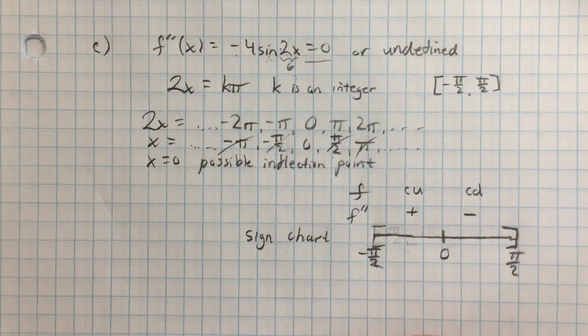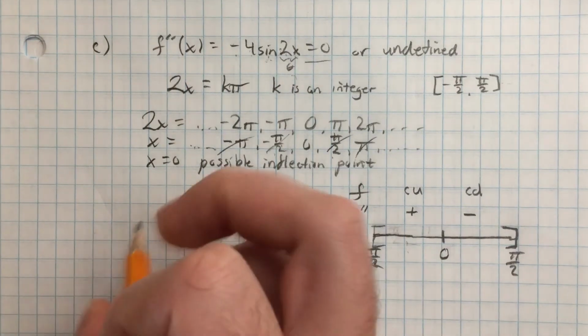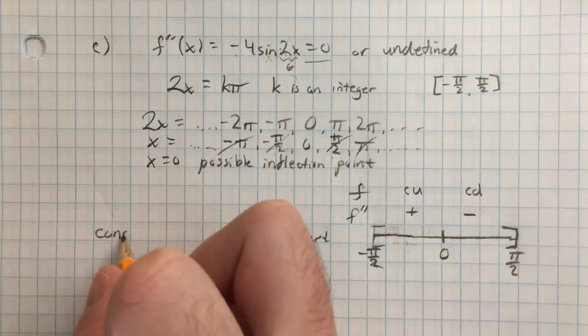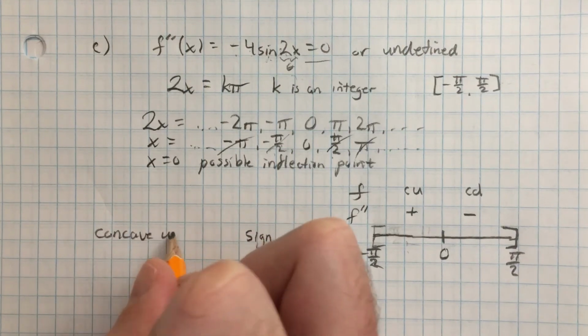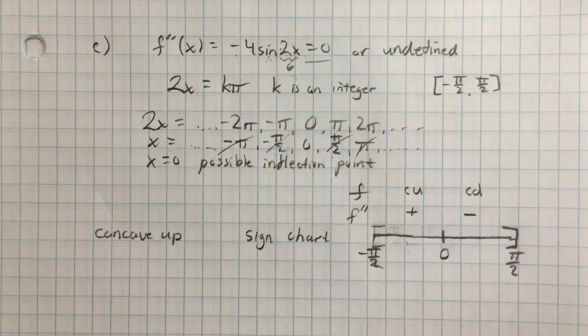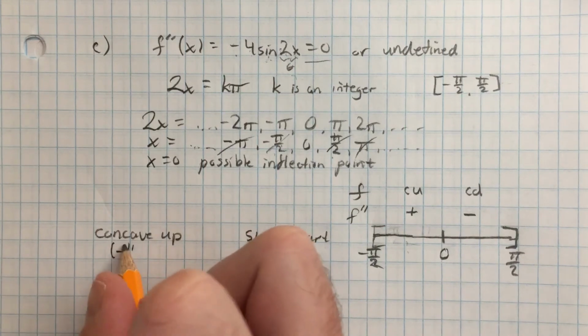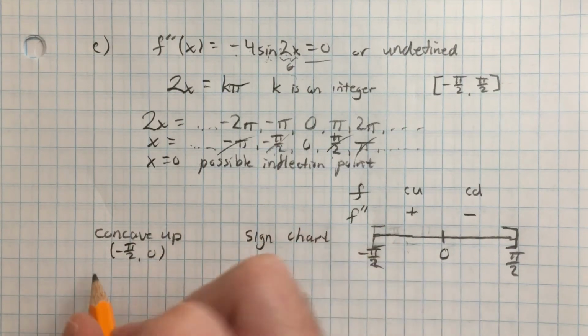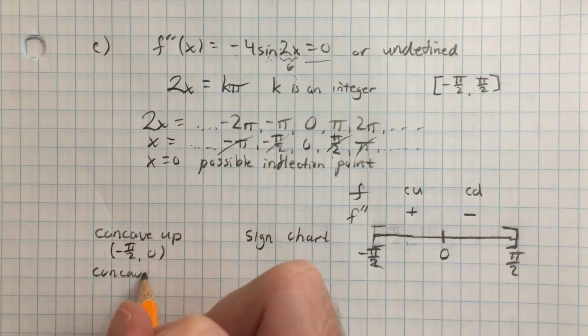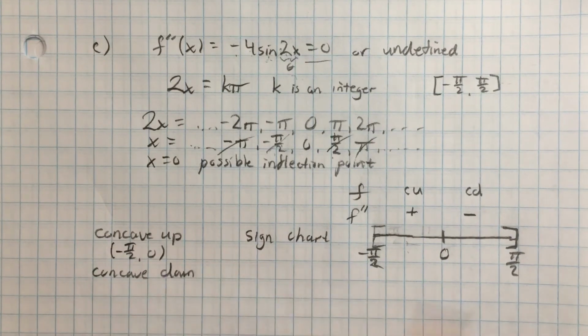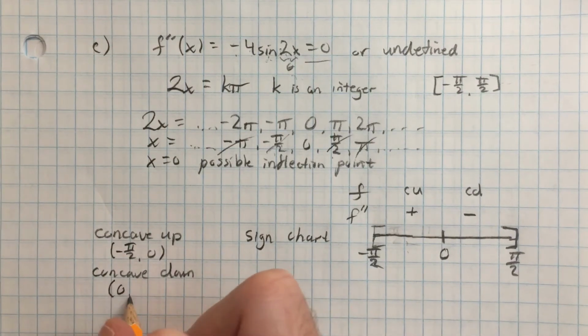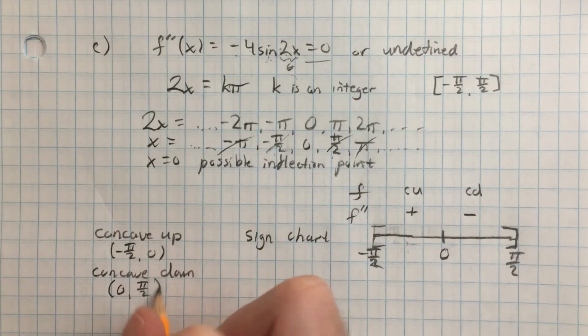So we have a concave up interval from negative pi on 2 to 0, not including negative pi on 2, and concave down from 0 to pi on 2, not including the endpoint of pi on 2.